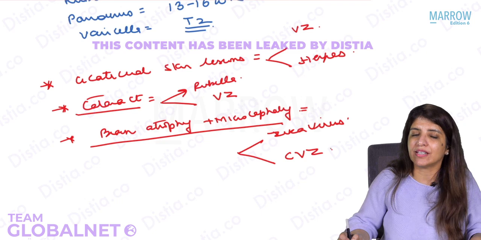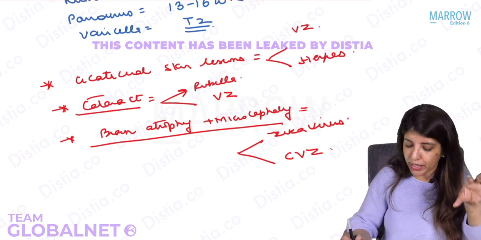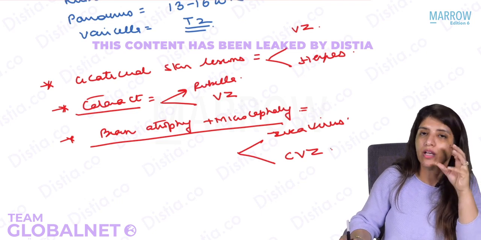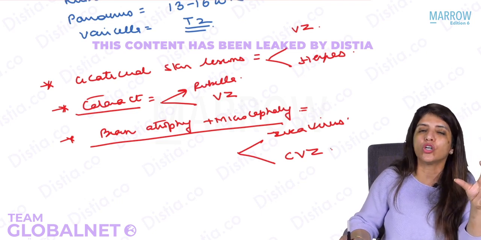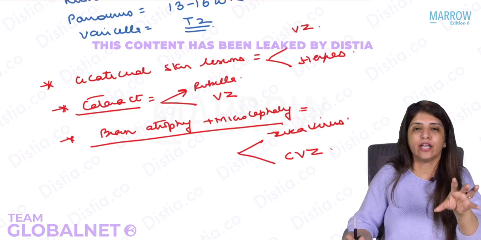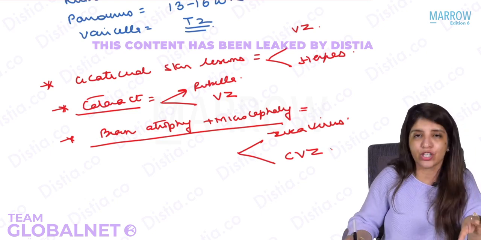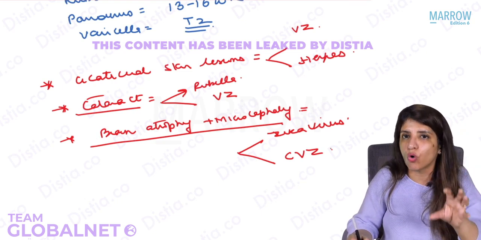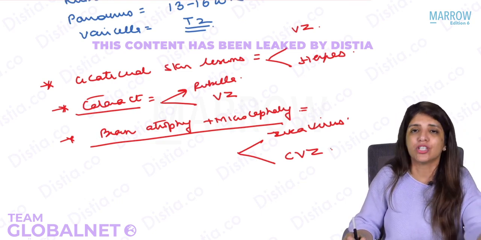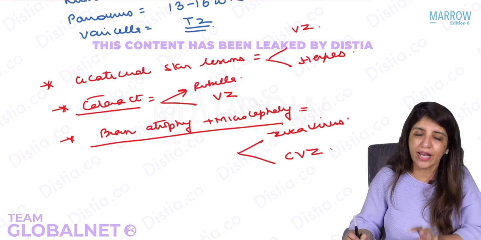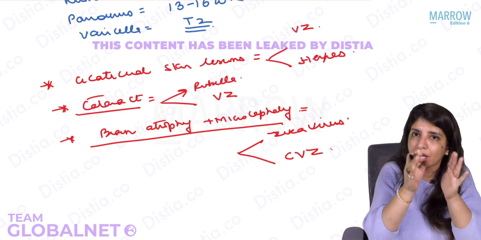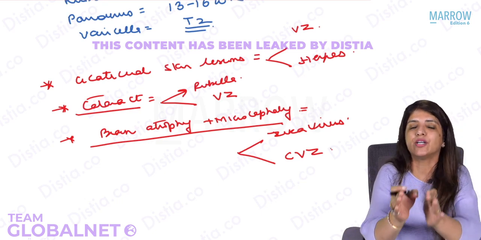In congenital varicella syndrome, although brain atrophy and microcephaly can happen, it is not the characteristic lesion. So the examiner is not going to stress on brain atrophy and microcephaly. In congenital varicella syndrome, the examiner is going to stress on cicatricial skin lesions and limb contractures. But in Zika virus, the examiner is going to stress on microcephaly and brain atrophy.